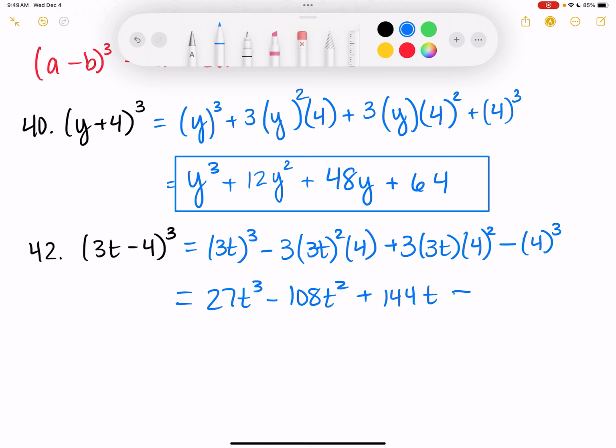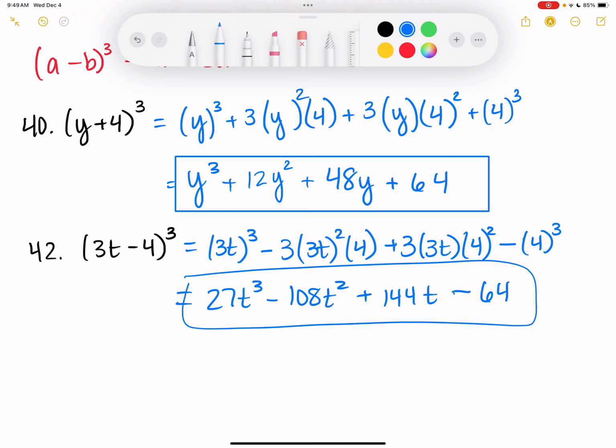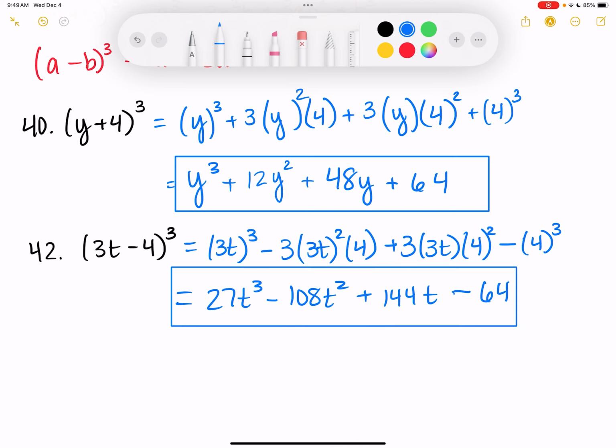Same thing as before. And that would be your answer for that one. Any questions on those?